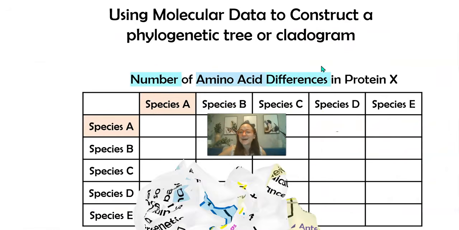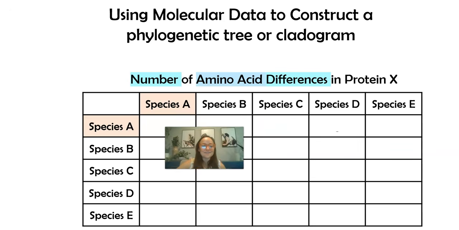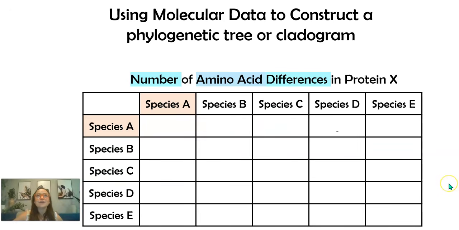Okay, and so our last thing to look at in this video is how we use molecular data, which, like I mentioned earlier, is one of the best sources of evidence or data to use when constructing a tree or cladogram. Molecular data can be, like in this example here, the number of amino acid differences. If we remember, our DNA sequence is what codes for codons, which then code for amino acids, and that forms a polypeptide.